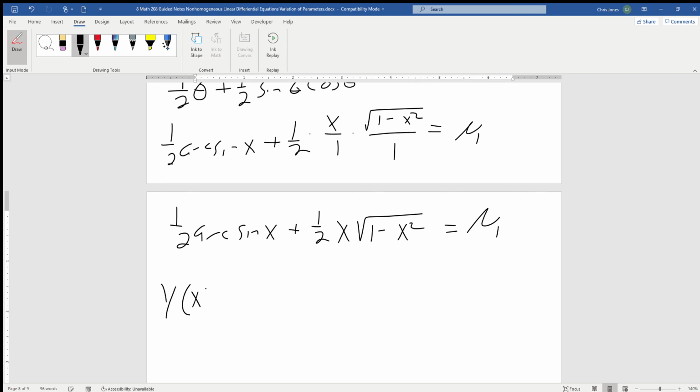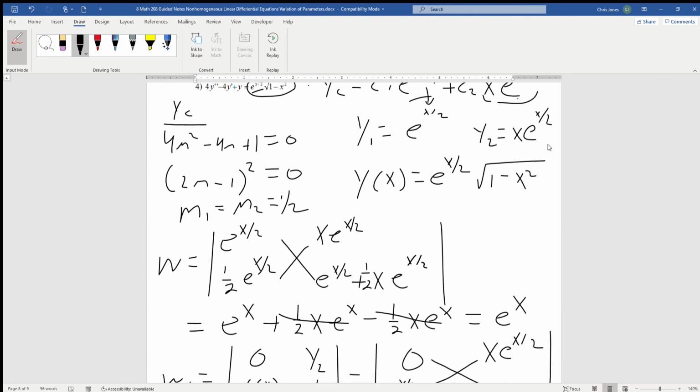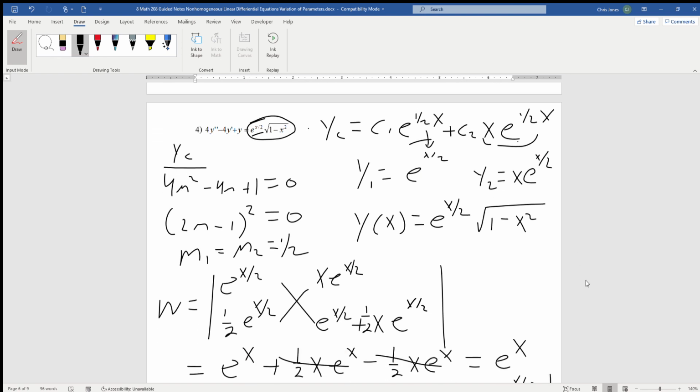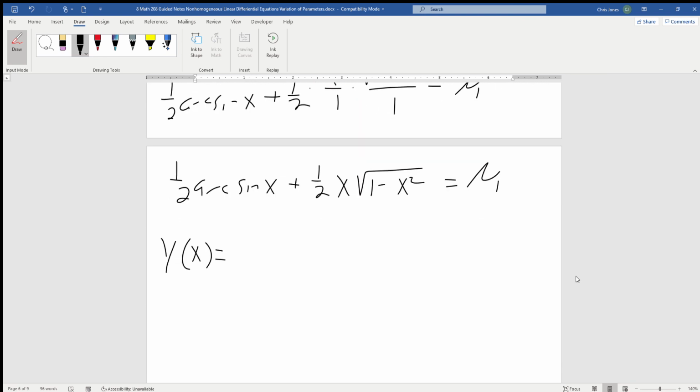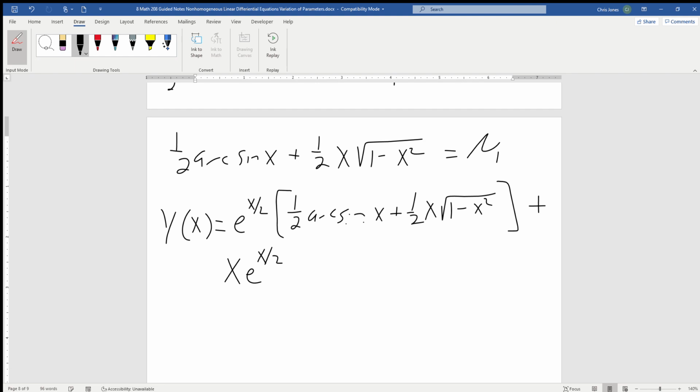So y of x. So we're going to start with the y1 and y2. y1 a long time ago, literally about 15 minutes ago, was e to the x over 2, and y2 was x e to the x over 2. So we have e to the x over 2 times u sub 1, which is 1/2 arc sine of x, plus 1/2 x root 1 minus x squared, plus x e to the x over 2.